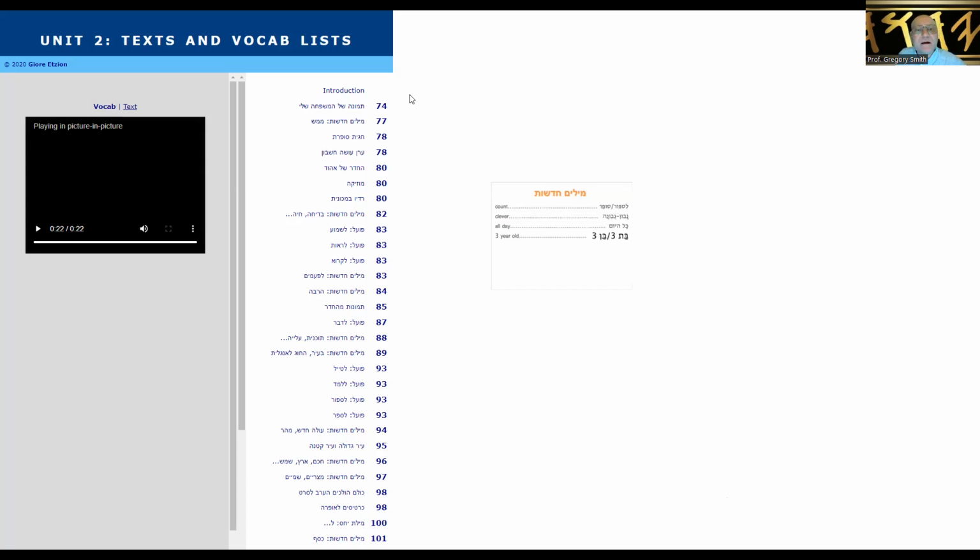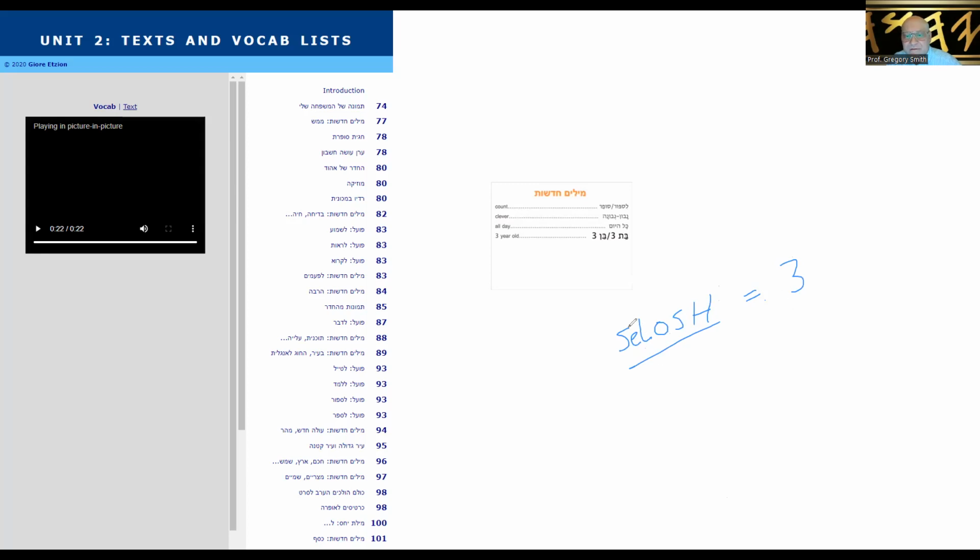So it's transliterated like this. Shalosh, or kind of like that, maybe. Shalosh. That's how it sounds. And that means basically a 3-year-old in Hebrew.